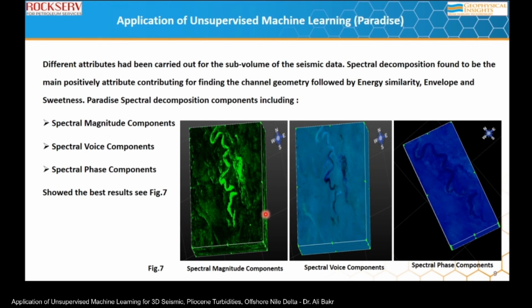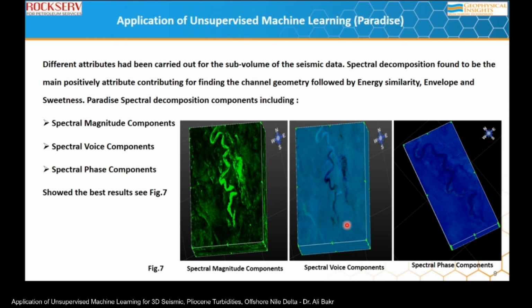Doing that, I'm showing you just the images. This is the spectral magnitude component, then the spectral voice component, and the spectral phase component of the spectral decomposition of the Geophysical Insight algorithms. Easily you can check the channel itself.